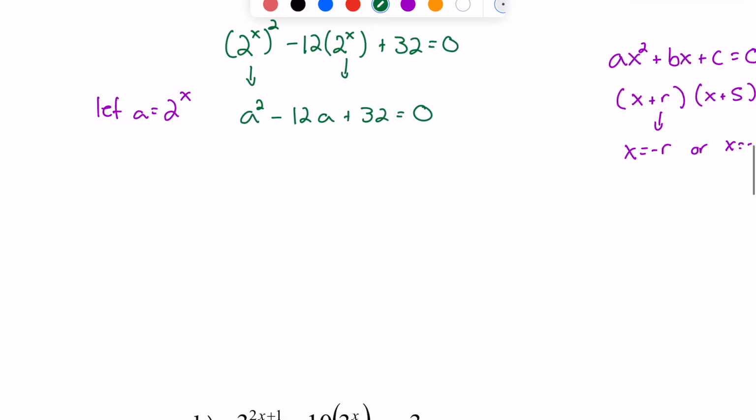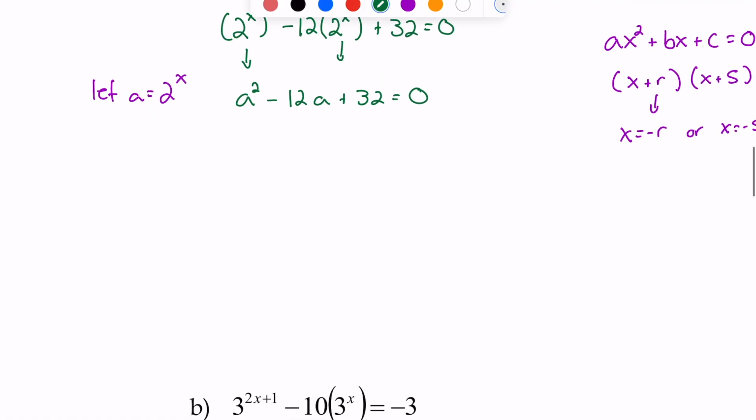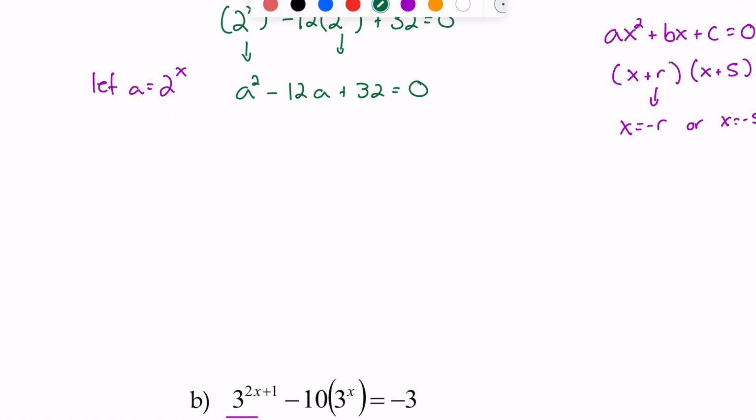So now it looks like a quadratic. So we are going to factor this quadratic we've created. We need 2 numbers that multiply to 32 and add to negative 12. So if we factor this, this would be (a minus 4)(a minus 8).